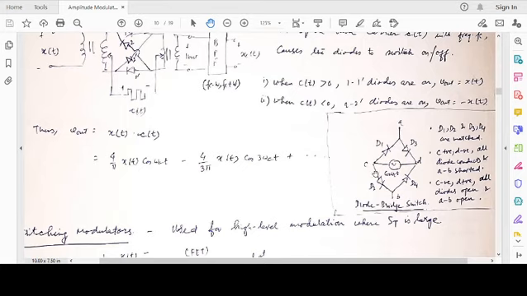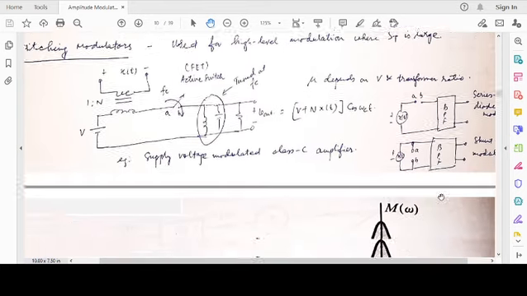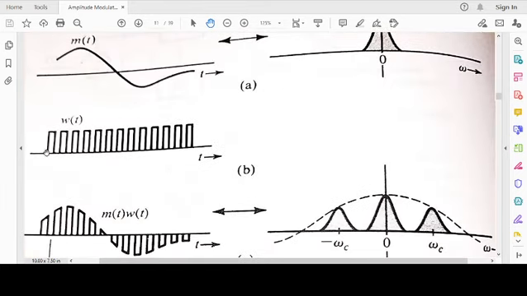The output corresponding to this, as we have seen, is either open or short, which essentially means that the signal is multiplied by some weighting function w(t), which is 1 when the carrier signal is positive, that means greater than 0, and 0 when it's in the negative region.